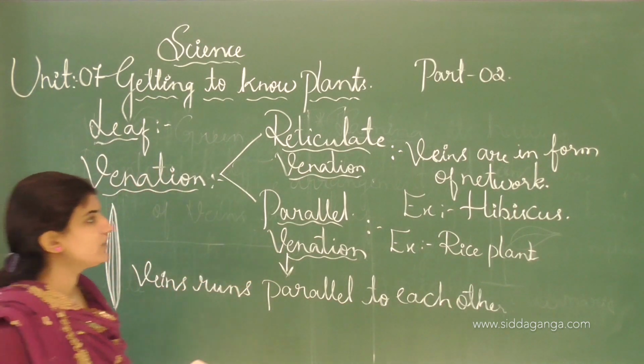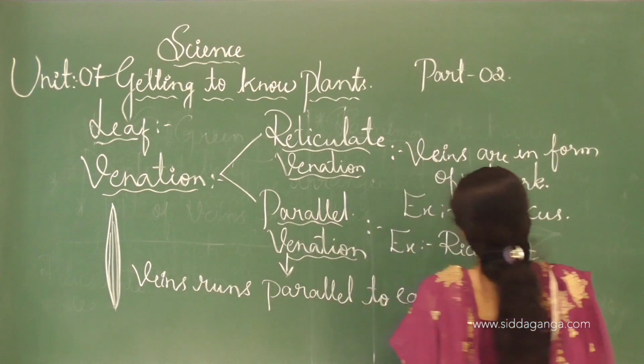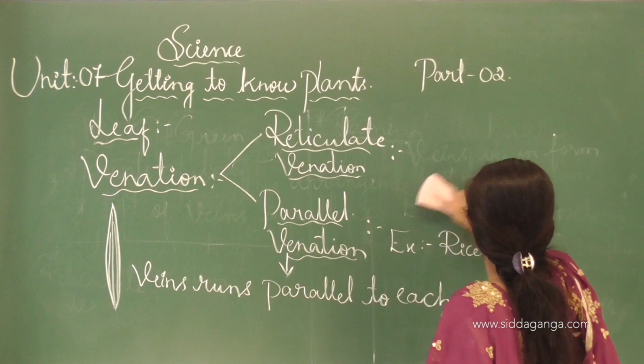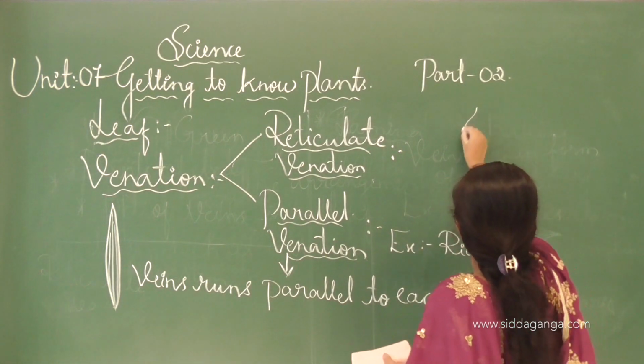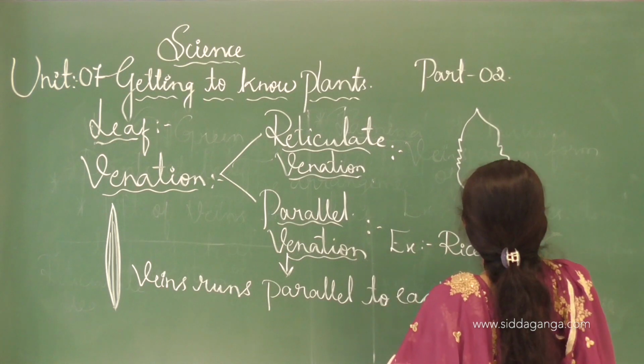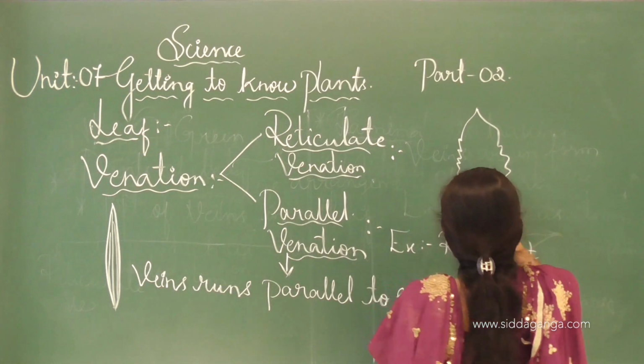Whereas the reticulate venation you can see in the hibiscus plant. Consider this is the plant, this is the leaf of a plant.